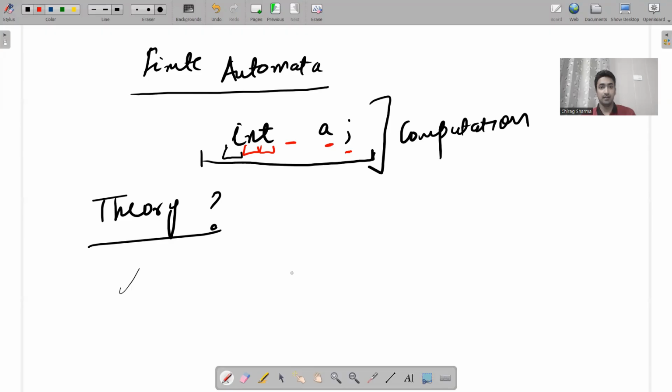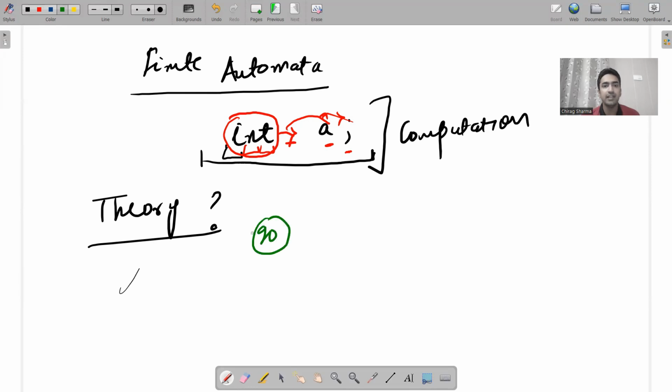It means the compiler must first find out whether int is used properly, then a space is given, then a variable is declared, then a semicolon is used. So these are all the important parts of it. So how does the compiler recognize it? Because there is a theory behind recognizing it also. So that theory model I am going to make, which is known as automata.